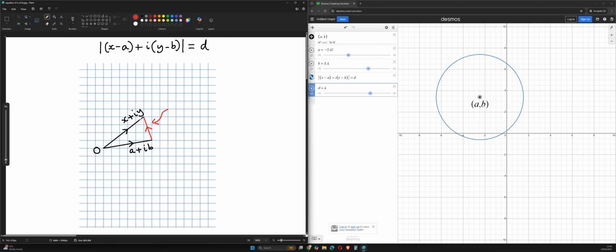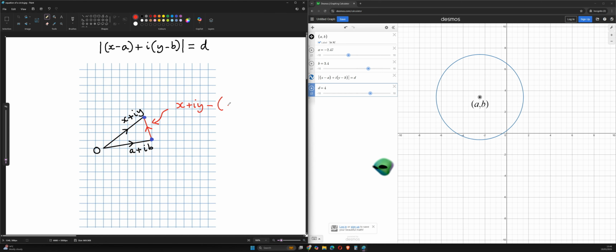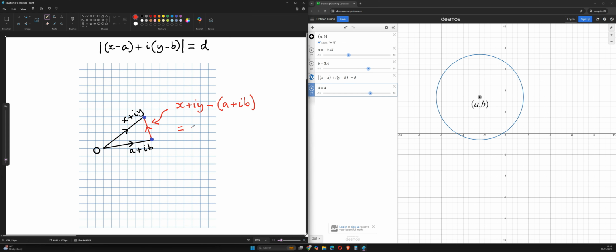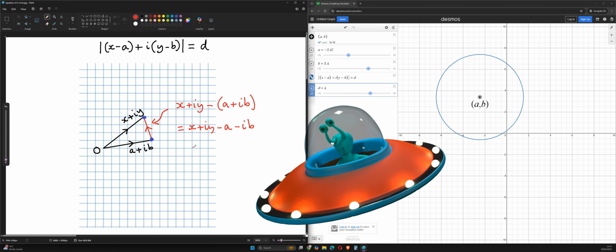This vector is going to be x plus iy minus (a plus ib) because of the rules of vectors, right? We're going from this point over here to this point over here. So let's calculate that. So we get x plus iy minus (a plus ib), and that's going to give us x plus iy minus a minus ib.